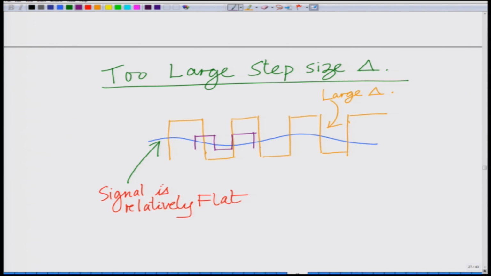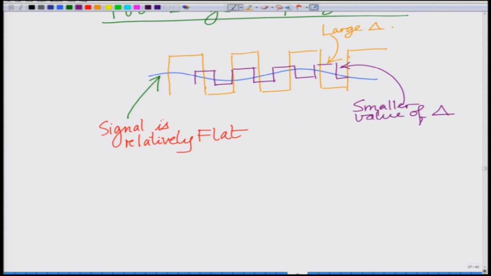You can see that a smaller value of delta leads to a smaller error between m(t) and the reconstructed signal, that is, our staircase approximation.